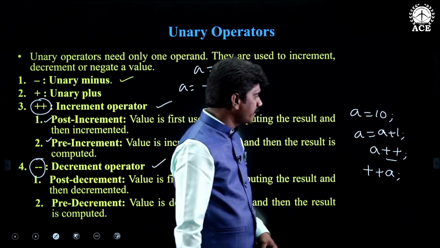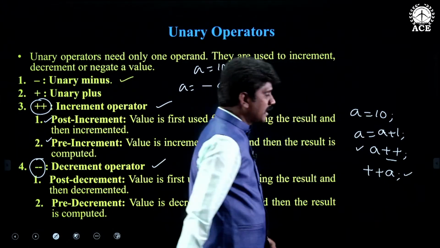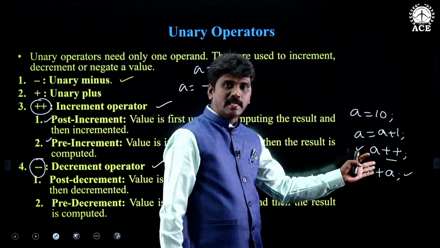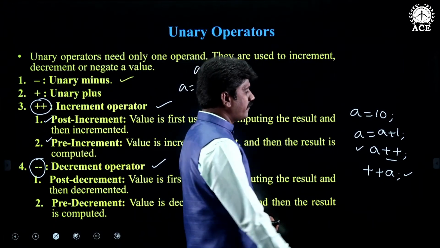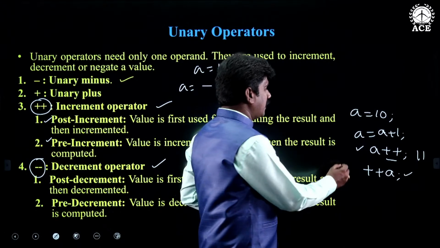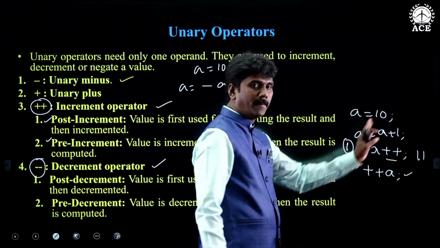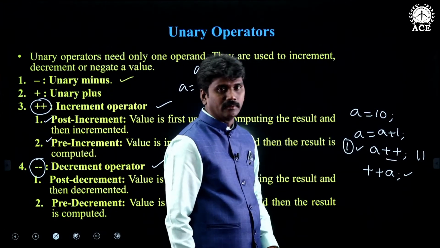In both the cases, if we use this variable individually, like a alone, a plus plus and plus plus a, in both the cases the value is going to be 11. Suppose the first time I have used a plus plus, post increment, then the value is going to be 11.